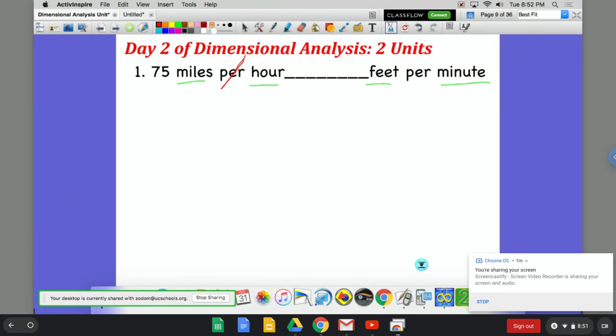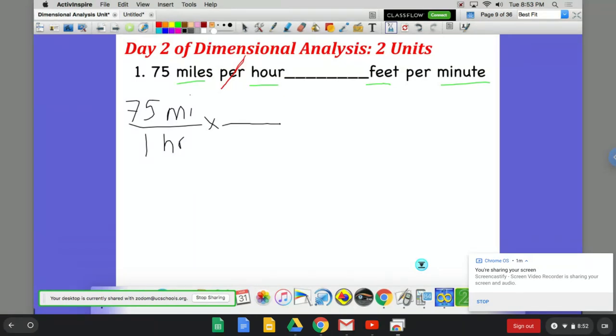What that looks like is 75 mi for miles over 1 hour. So we still have that unit rate because we still have 75 over 1. The only difference is we do have a unit at the bottom, and that unit is hour.